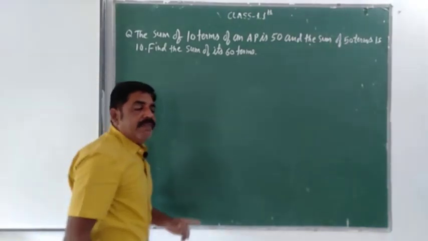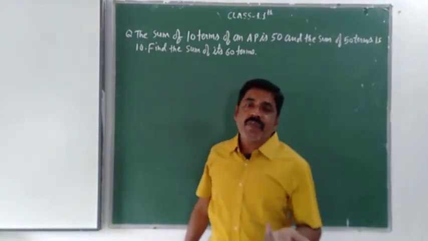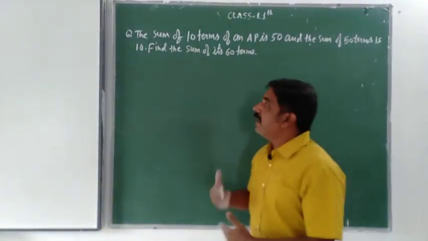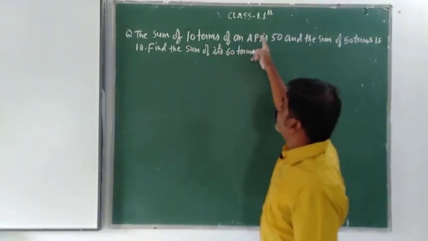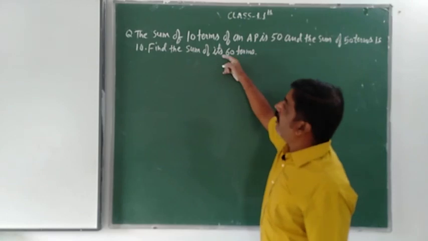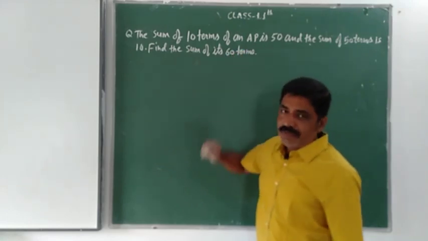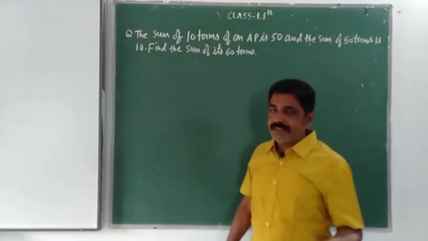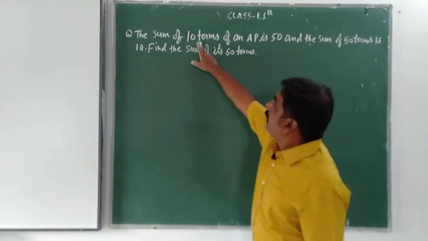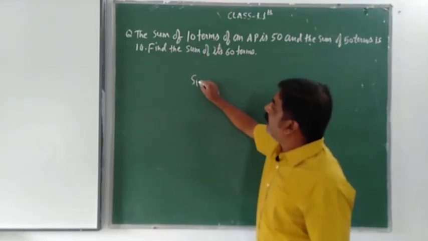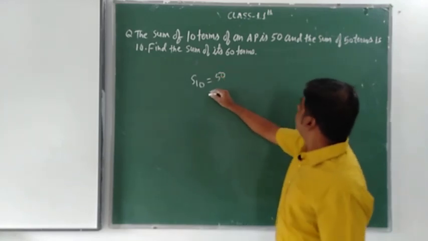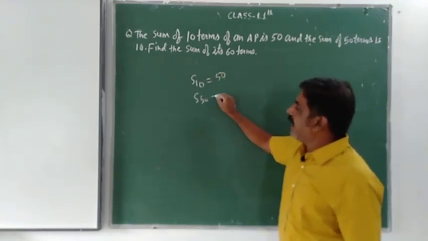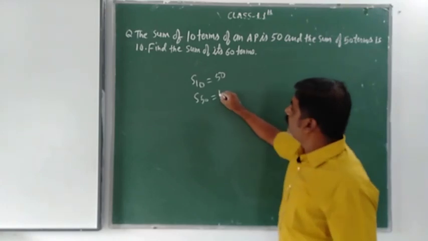So in the last question what we have given? The nth term, and with the help of the nth term we have to find sum of n terms. Now in this question we have given sum of terms and we have to also find sum of other terms. Clear? So sum of 10 terms means S10 is equal to 50 and sum of 50 terms means S50 is equal to 10.